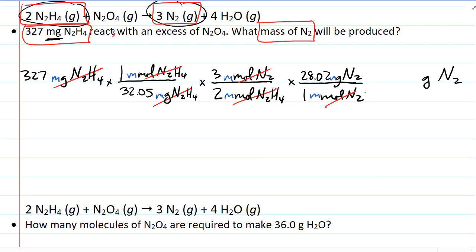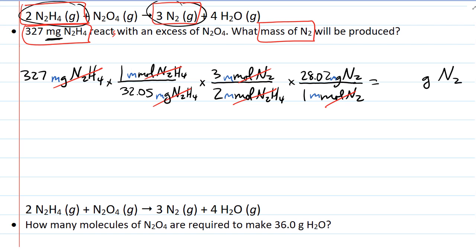So now if you carry this all the way through, you could go through and solve this. We'll take 327, multiply it by 3, and again by 28.02. We'll divide it by 32.05, and divide it again by 2. And we wind up with, now how many sig figs should we have?